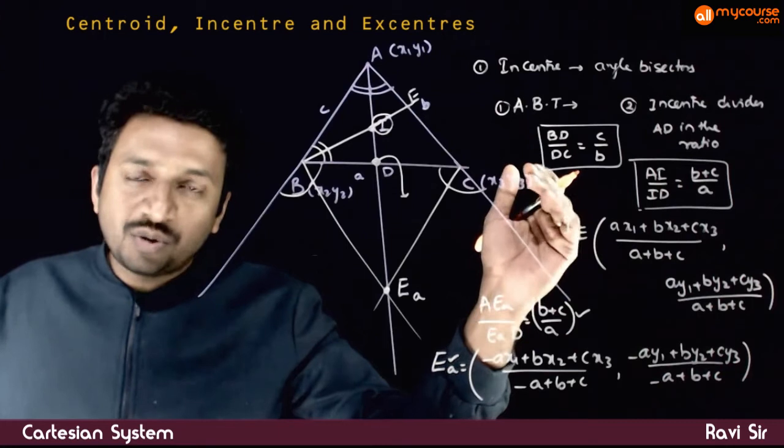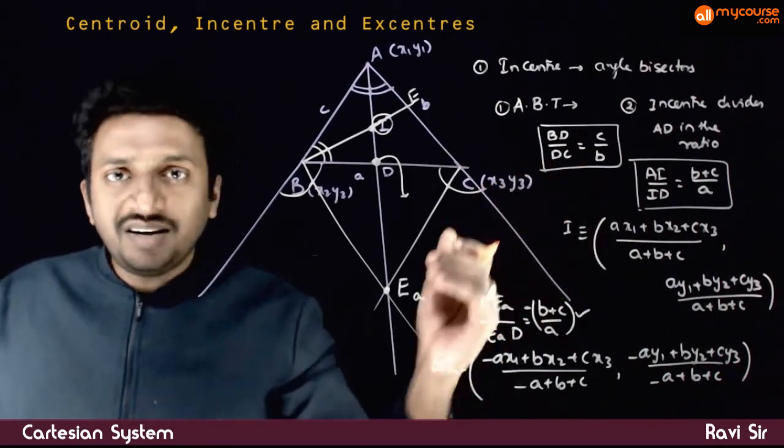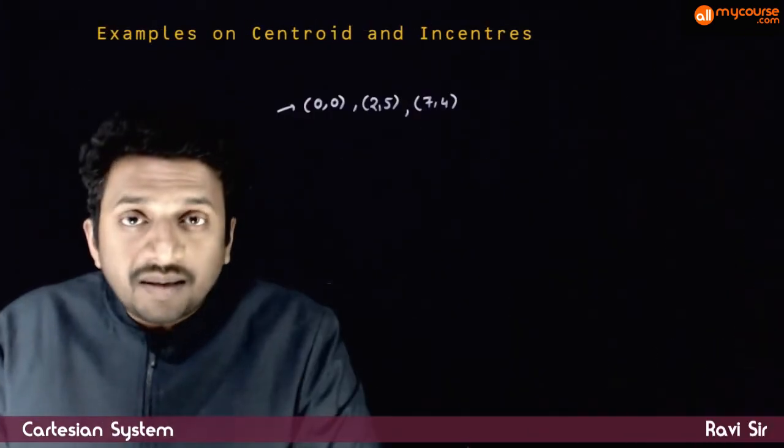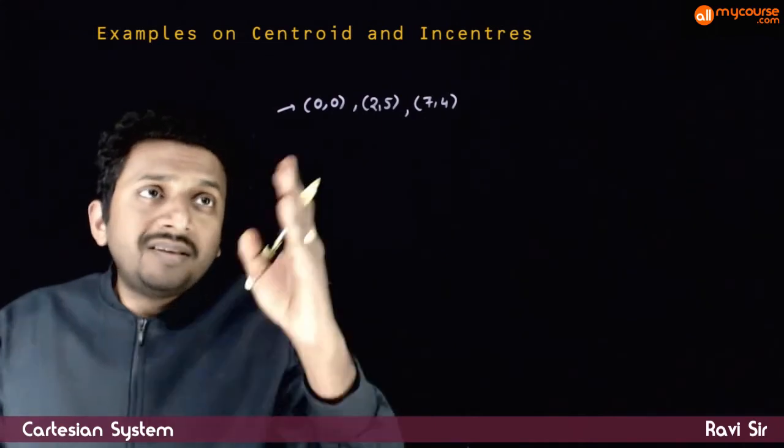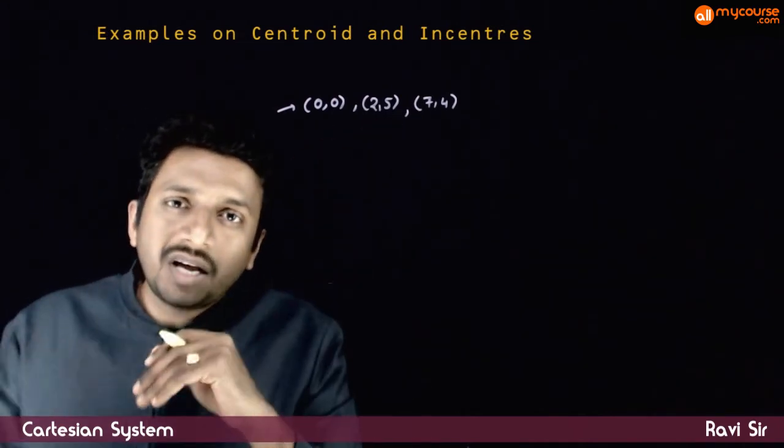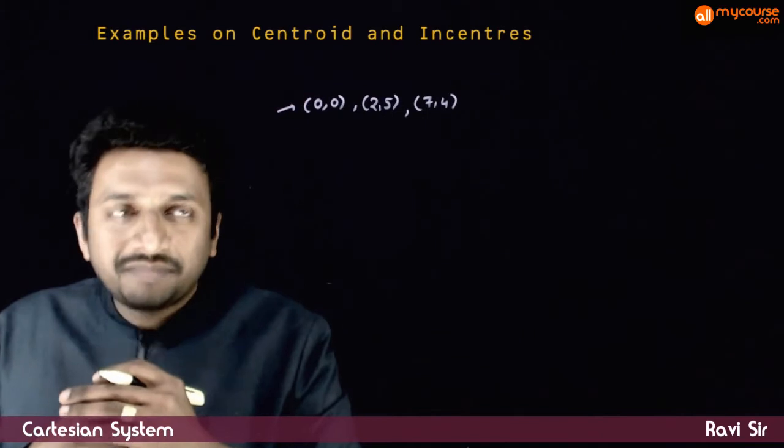So I hope you have understood how to find the in-center and excenters. In this example, you're given the three vertices of a triangle and you're asked to find the centroid of the triangle.